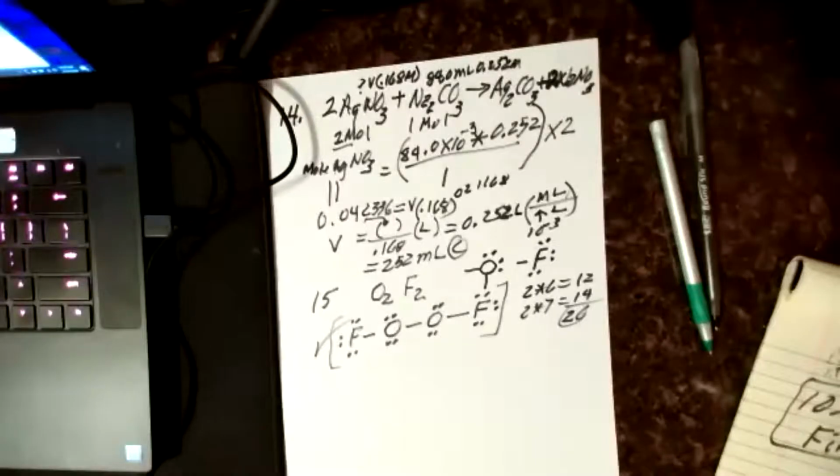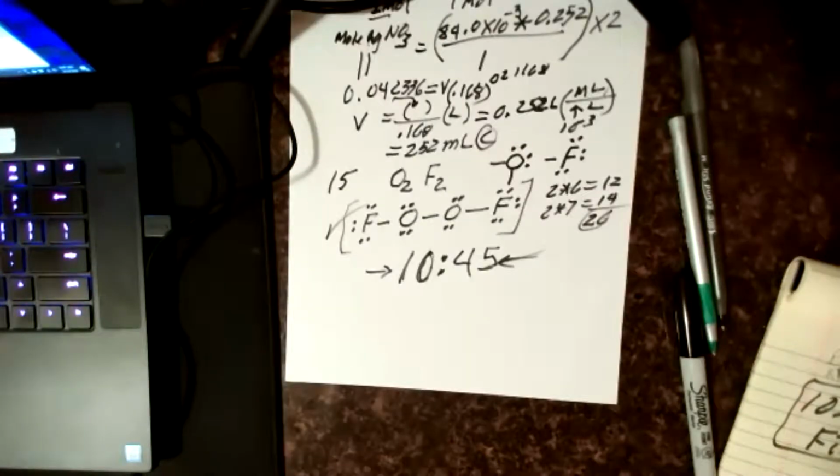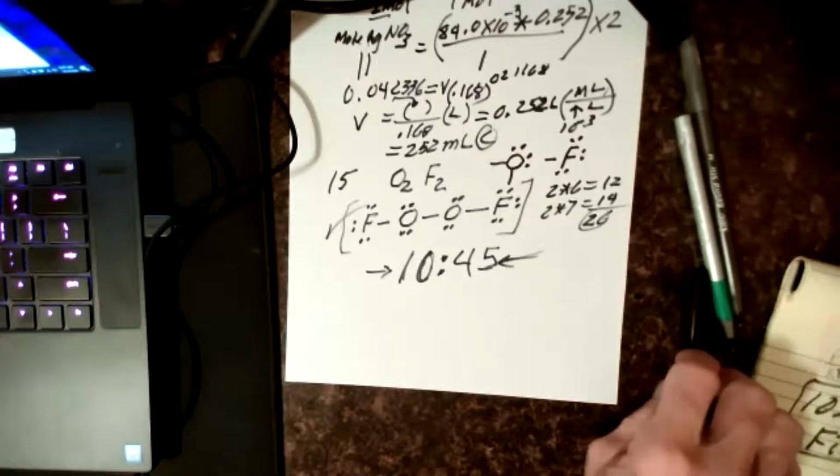And okay, so what I want to do now is I want to stop the video. No, I don't want to stop the video. I want to pause the recording. And we're now going to be working with number 16. Okay.